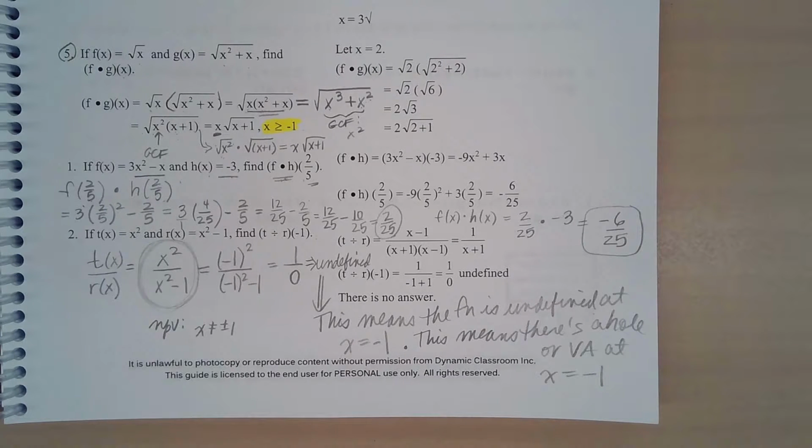Let's do a bit of a review here. This would give me x squared over x minus 1, x plus 1. Okay, no common factors, right? So I still have non-permissible values at x equals plus minus 1. No common factors, so they must be vertical asymptotes, right? At x equals 1, x equals negative 1.